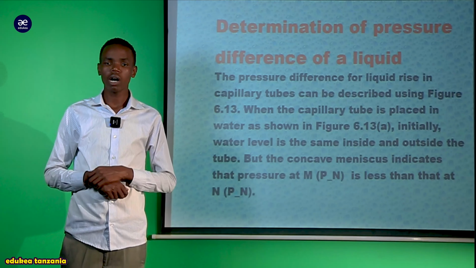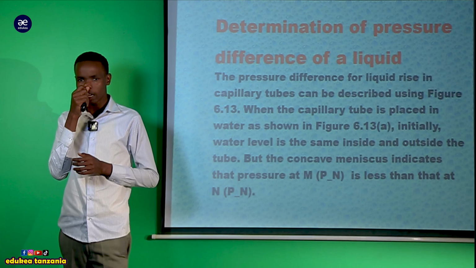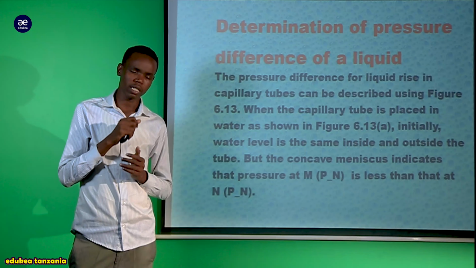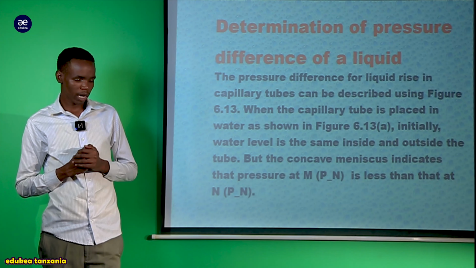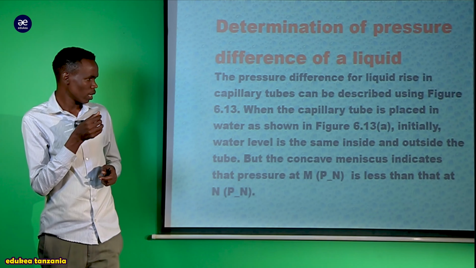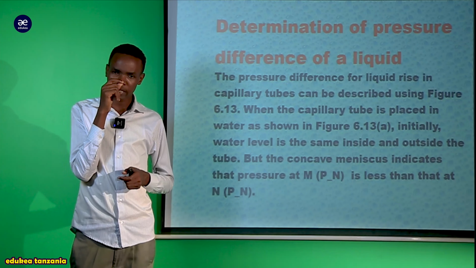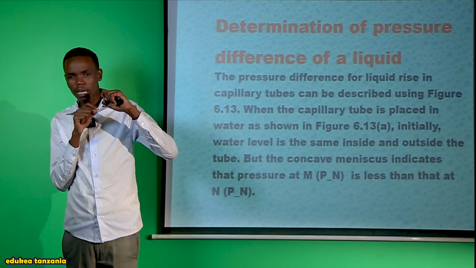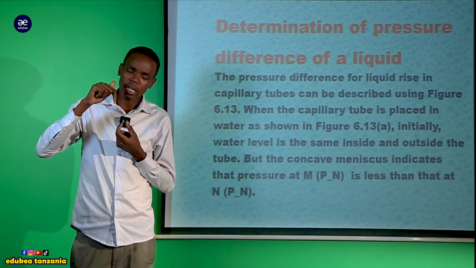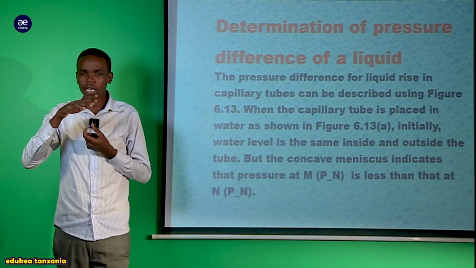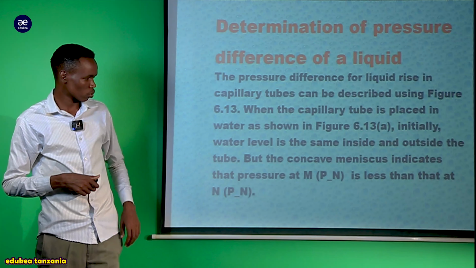We should observe our figure 6.13, Roman A, and see that initially the water level is the same. It means that the water level in the capillary tube is the same as the water level outside that capillary tube.